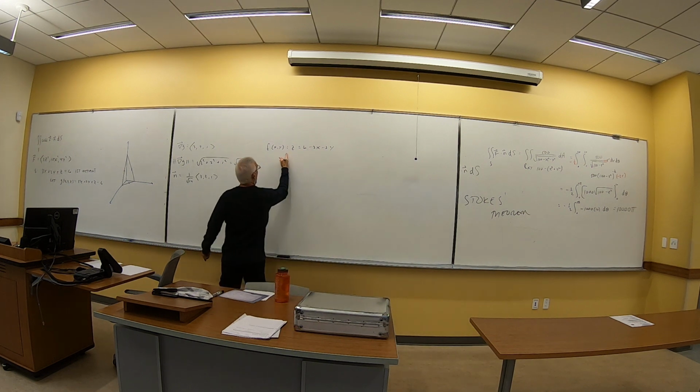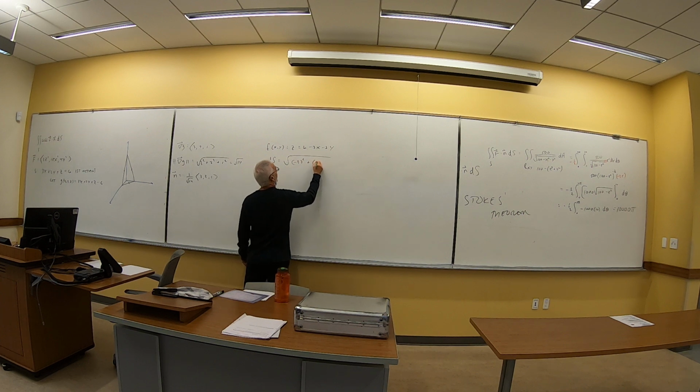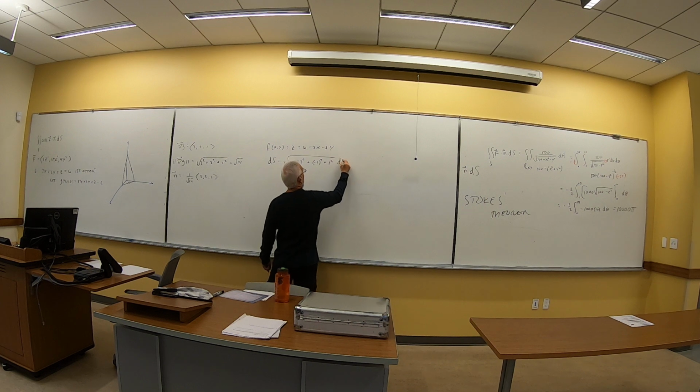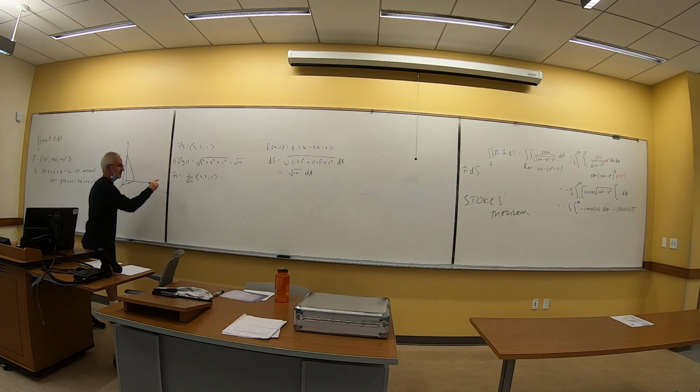I hope. Okay, so if I got this, then my surface area parameter is the partial with respect to x squared plus the partial with respect to y squared plus 1 squared, dA, which is, of course, if I did it correctly, root 14 dA. But I also needed the correct signs over here.